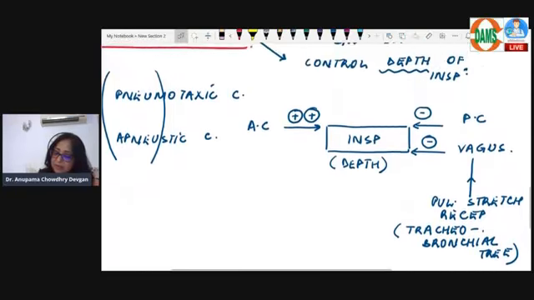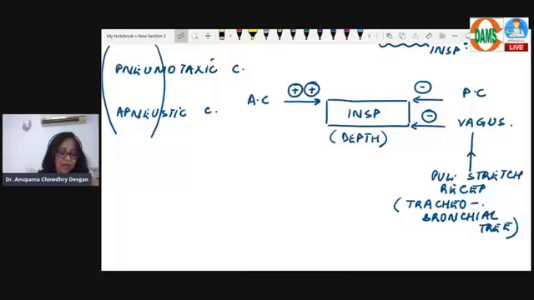Now, we've discussed medullary centers, we've discussed pontine centers, we've discussed higher centers.